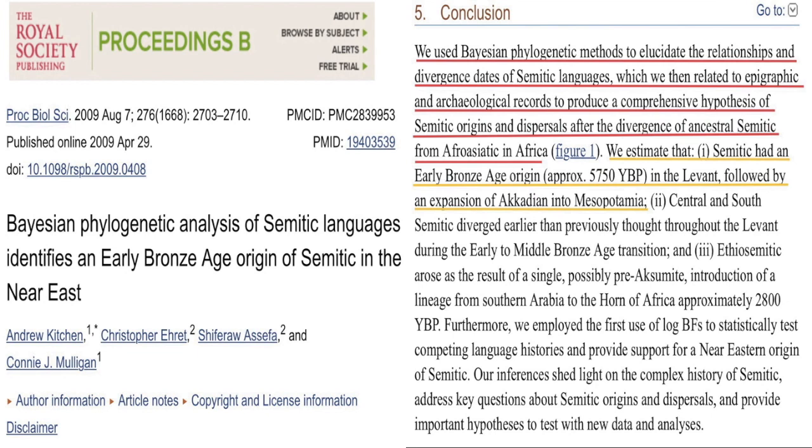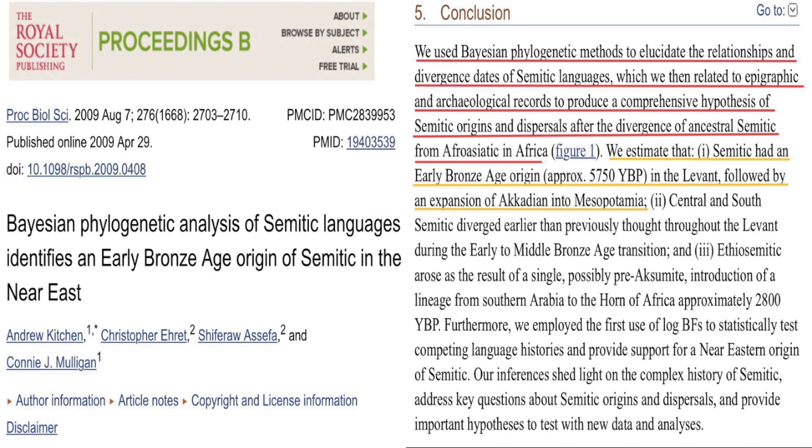Again, this is the Bayesian phylogenetic analysis of Semitic languages, which identifies an early Bronze Age origin of Semitic in the Near East, and it reads, "We estimate that Semitic had an early Bronze Age origin 5,750 years ago in the Levant, followed by an expansion of Akkadian into Mesopotamia." Again, a Levant origin of Semites.